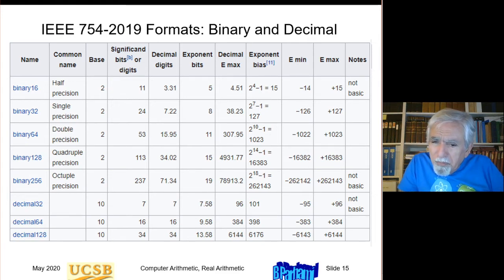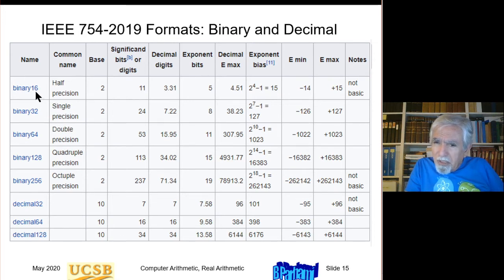Okay, this table shows the IEEE 754 2019 formats, binary and decimal. I already told you about the 32 and 64, the most frequently used formats for binary floating point. Recently, because multimedia and other low precision applications are gaining ground, the 16-bit format is also becoming popular.